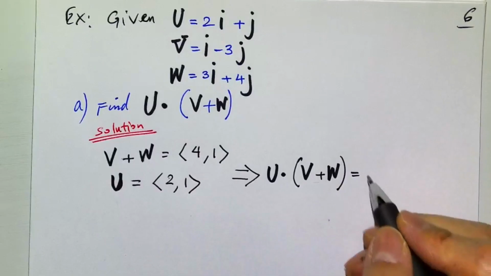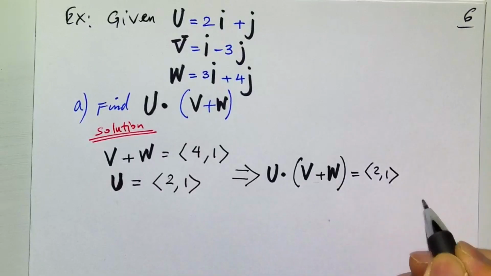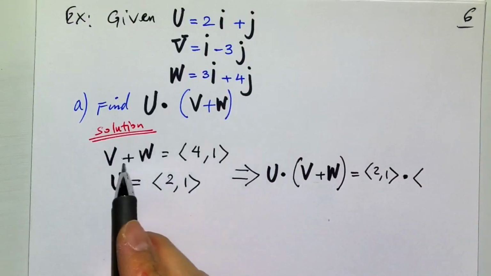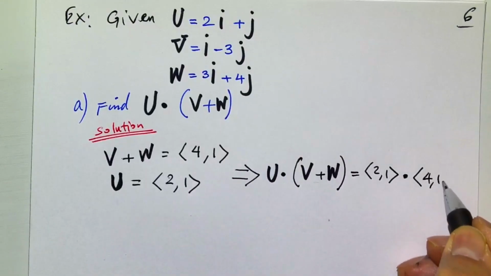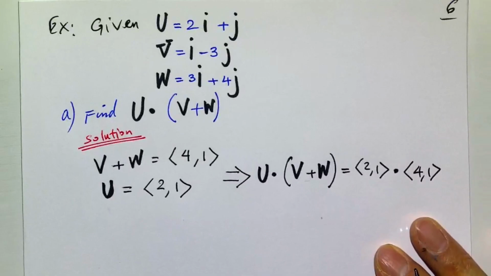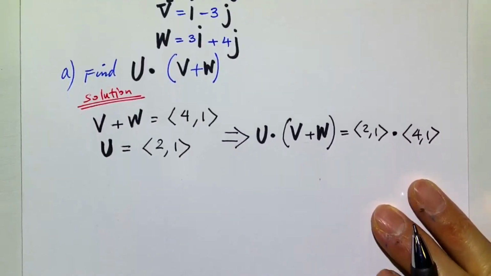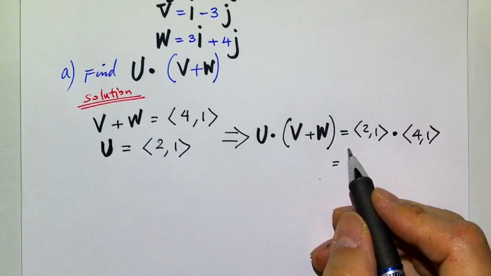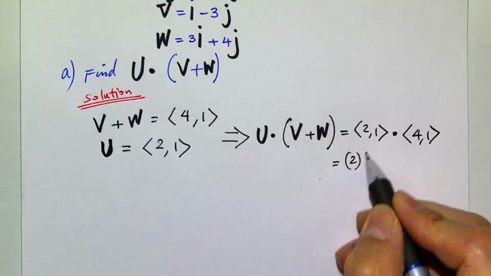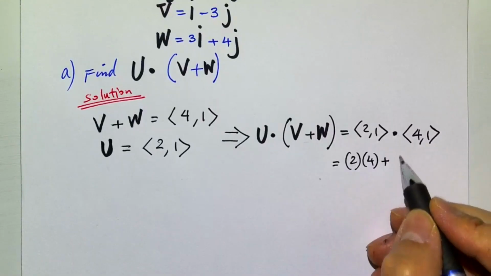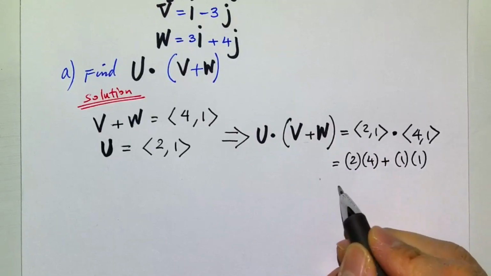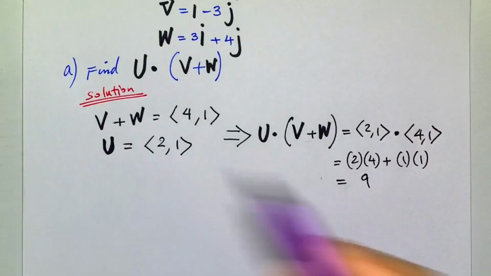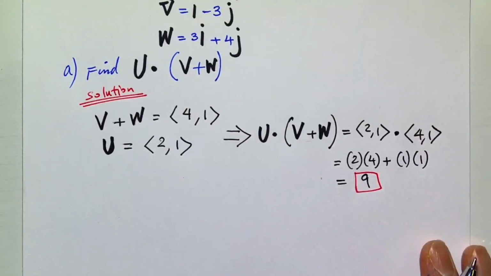So we take 2, comma 1, take the dot product of it with 4, comma 1. So what do we got? We got 2 times 4 plus 1 times 1, and we get 9, right? So there's that result.